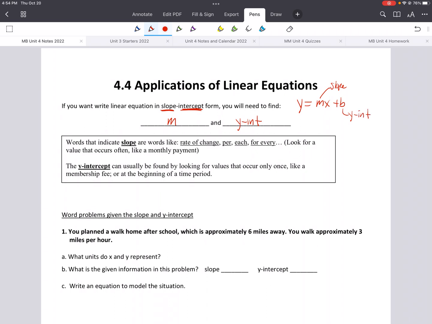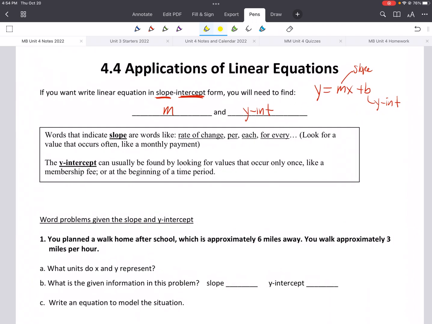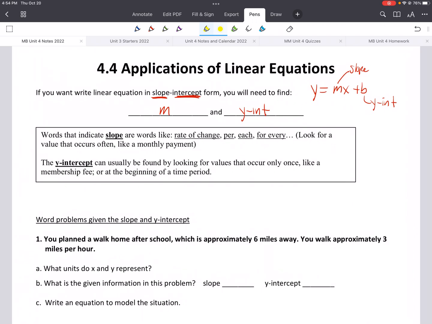Things that we want to highlight here: if you're trying to find the slope, you're going to want to look for words like rate of change. Per is a big one. Each, for every. Things that are telling you that they change over time.